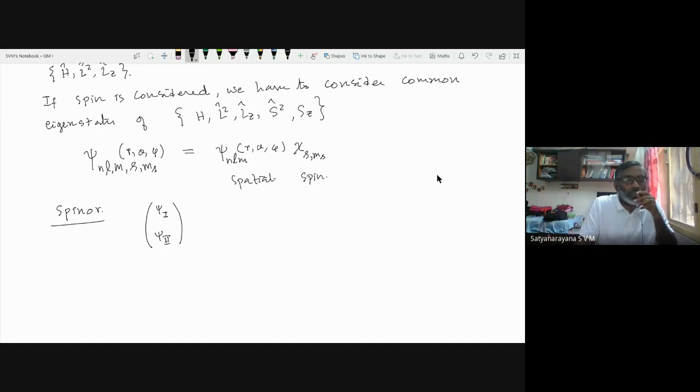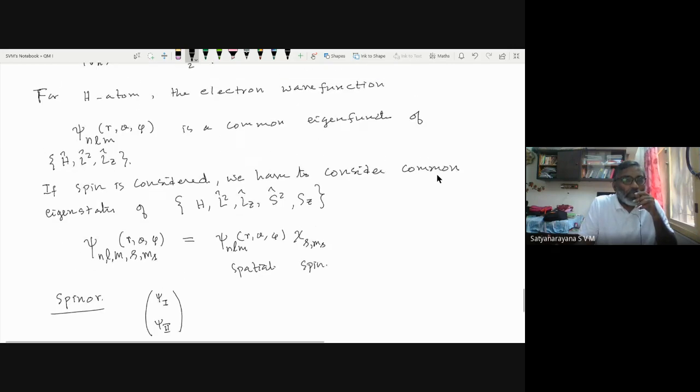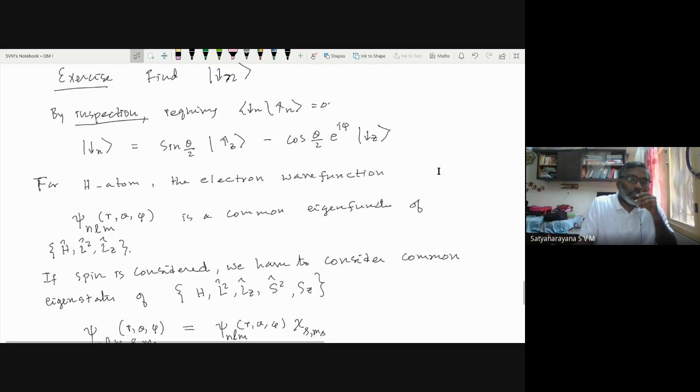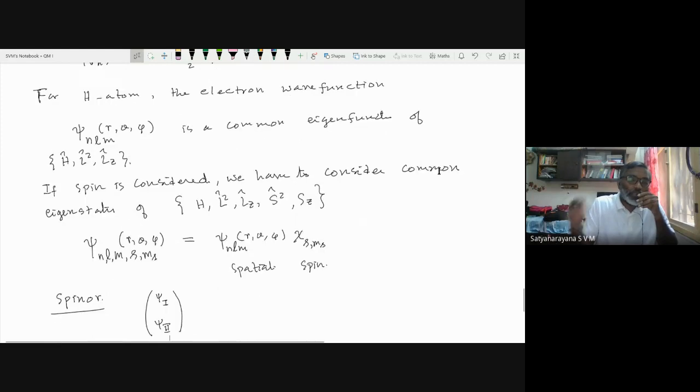But this is, as I told you earlier, an artificial adding of spin to the formalism of non-relativistic quantum mechanics. Spin naturally appears in relativistic quantum mechanics, as I mentioned earlier. So from the Dirac equation, spin automatically comes because the Dirac wave function is a spinor by itself.